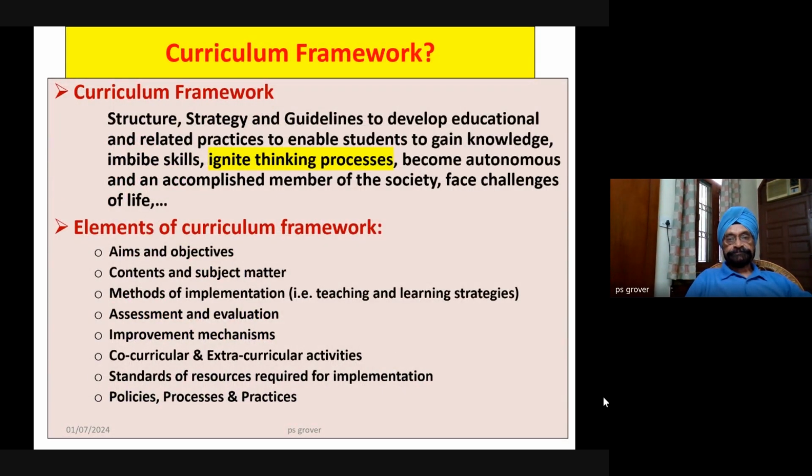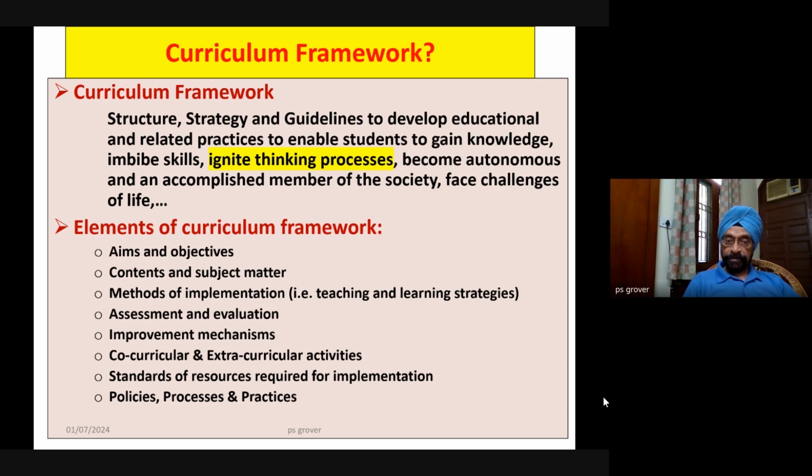Now, when I say curriculum framework, it means structure, strategy, and guideline to develop education related practices to enable students to gain knowledge, imbibe skill, ignite thinking process. Simply imparting knowledge is not adequate. Simply training the students to become, let us say, a good human being is not adequate.